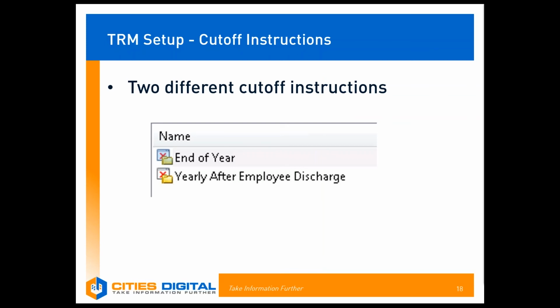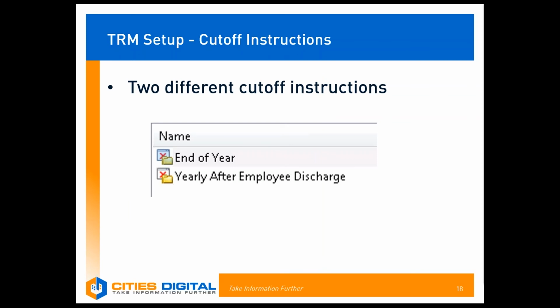All right, so then the other thing that we had set up were different cutoff instructions. And you can see here that in the cutoff instruction area within the admin console, we just created 2 different ones, one based on just the end of the year, and another one based on what we call an event end time.